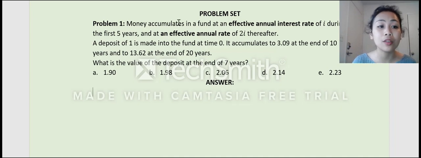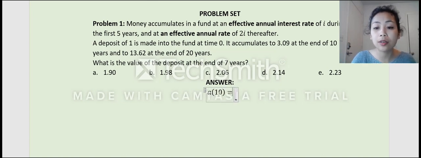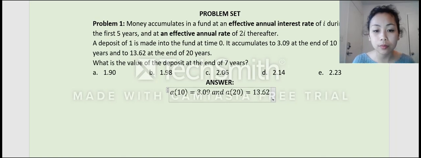And it said it accumulates to 3.09 at the end of 10 years. So the first information we have here is A of 10, the accumulation function at time 10, equal to 3.09. And the accumulation function at time 20 equal to 13.62.